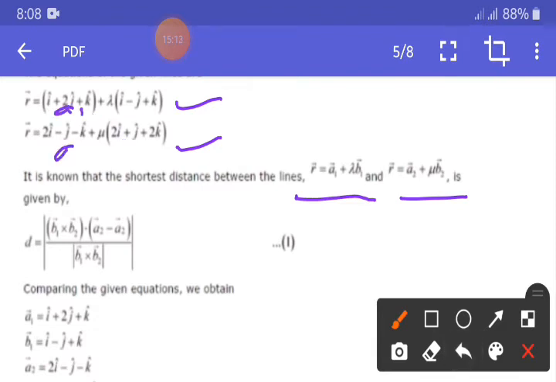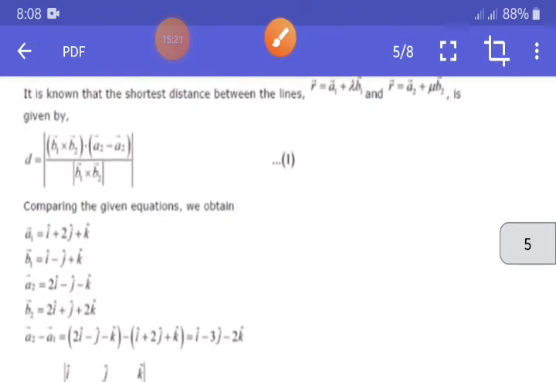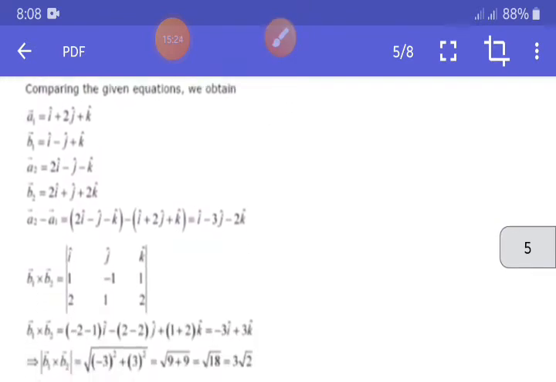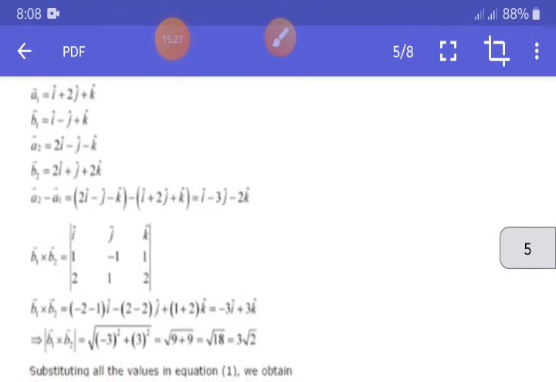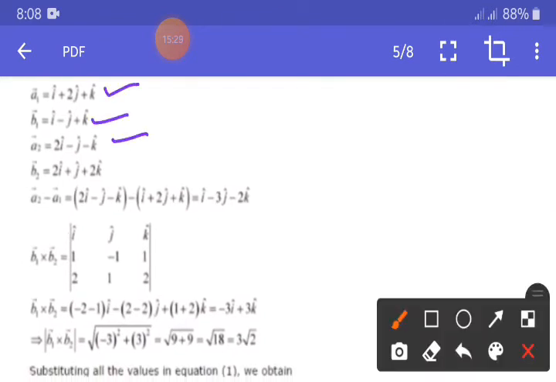The formula uses A2 vector minus A1 vector dot B1 vector cross B2 vector. So we need A2 vector minus A1 vector.